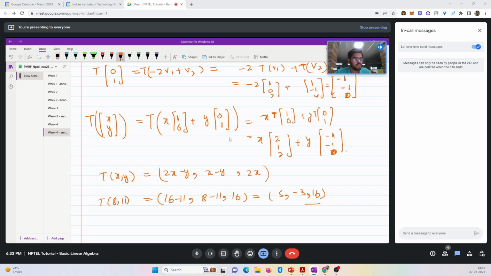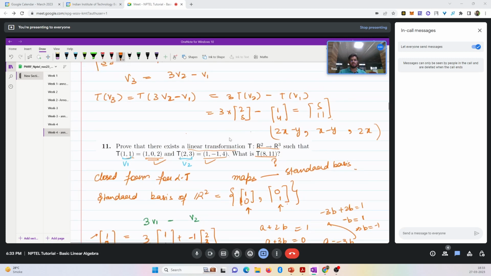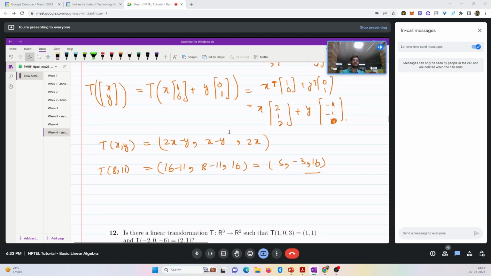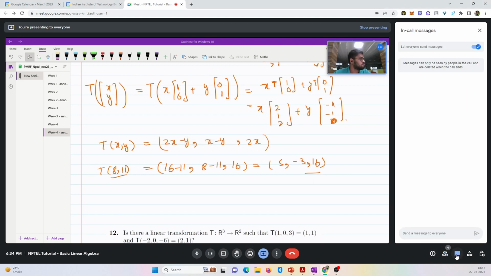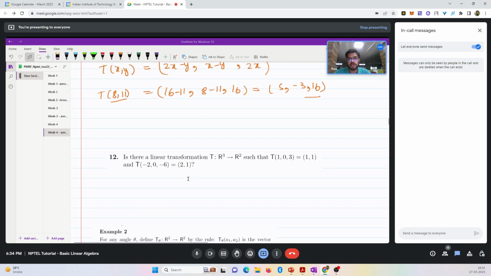Like how do we obtain it: if we were given two linearly independent points, that is v1 and v2, and we are given their maps, then we retrieve the complete linear transformation, and with the help of that, we obtained the value at the point (8, 11). Is it clear? I hope so. Okay.